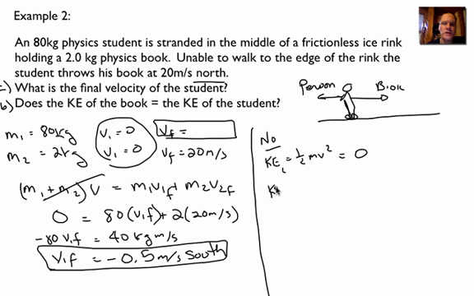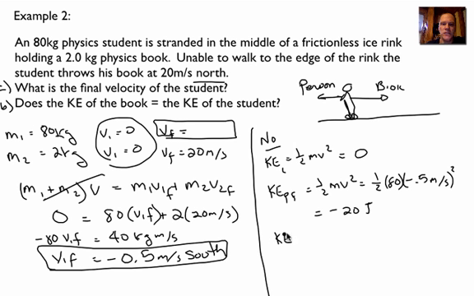So the kinetic energy of the person final is 1/2 mv squared, which is 1/2 mass of 80 times the final velocity of minus 0.5 meters per second squared. So the final kinetic energy of the person is 40 times 1/2, which makes it 20 joules.